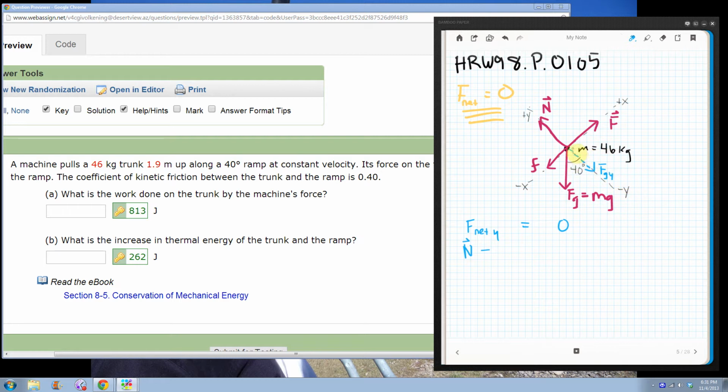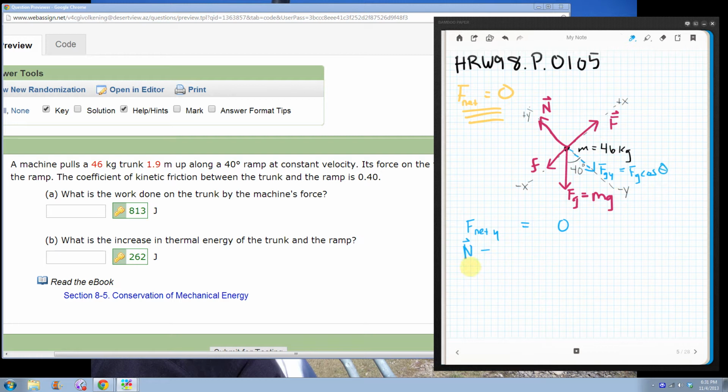Well, if you look, that is the side of a triangle, where the hypotenuse is mg, and the side I want is adjacent to the angle. So I'm going to use a cosine here. That is going to be Fg cosine of the angle.